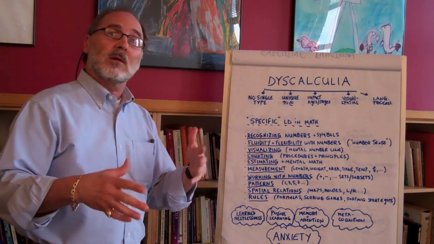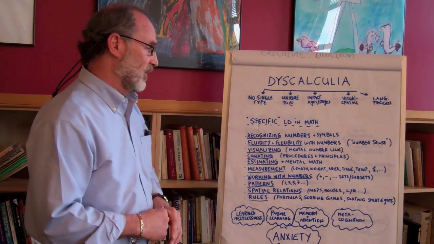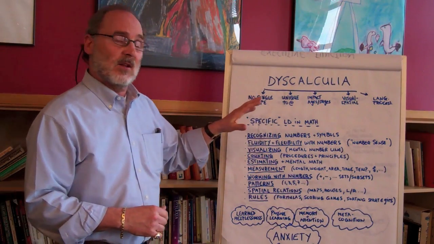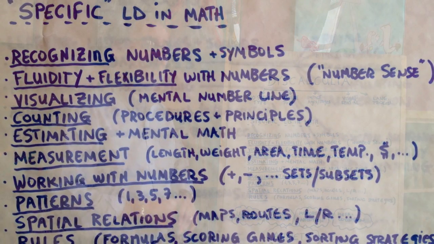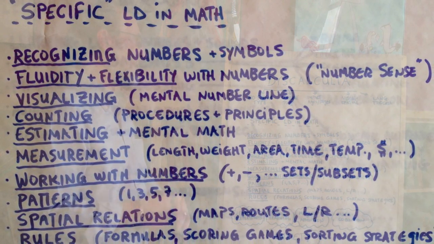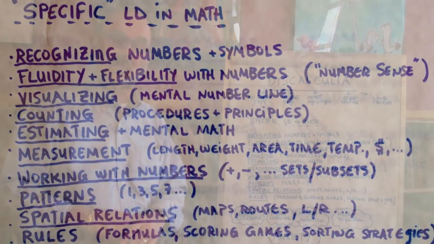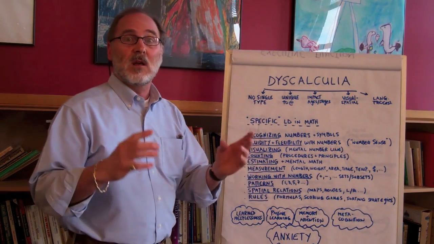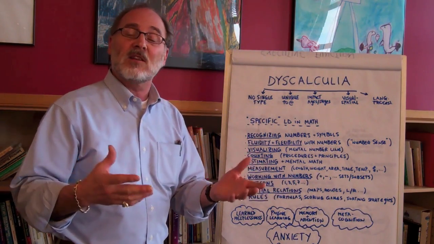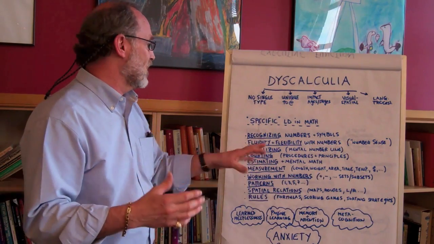So what are some of the presenting problems that individuals will have when they have dyscalculia? Well, clearly, in young children, you will see difficulties with recognition of numbers and symbols. Just like in reading, children with LD have difficulties identifying letters and matching them with sounds.